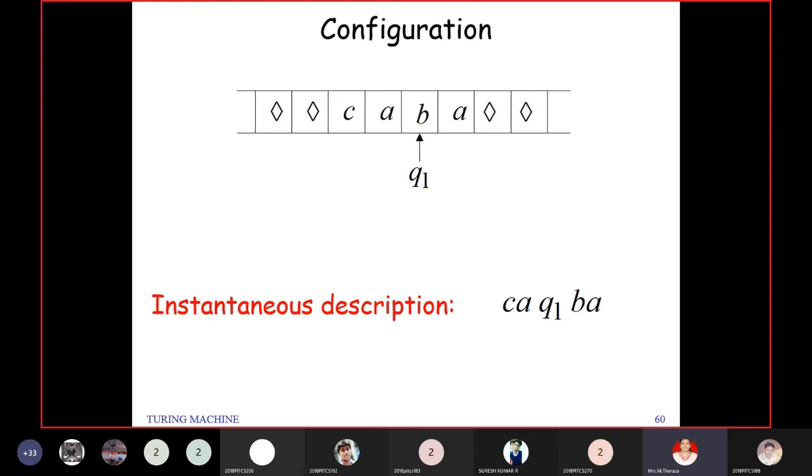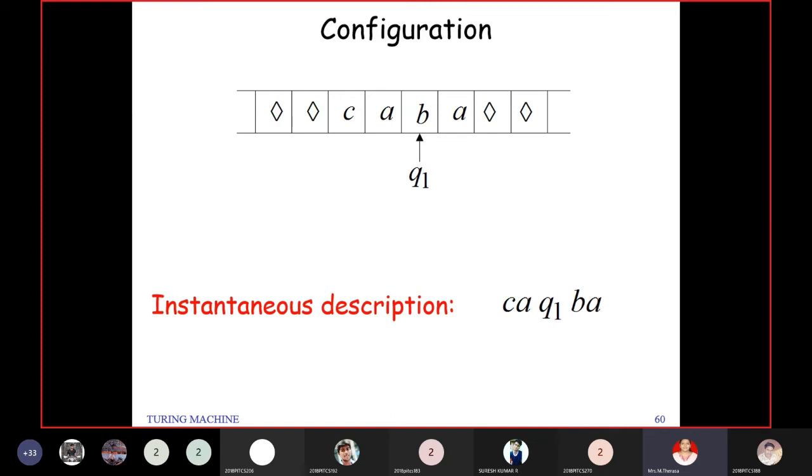So here instantaneous description is represented as a string. Okay, so it has 3 components. The string which is left side of the head, and the current state, and the right side of the pointer, including the current input symbol.